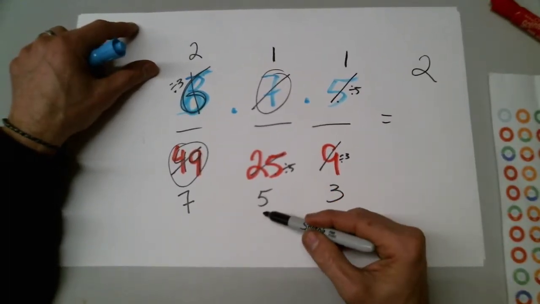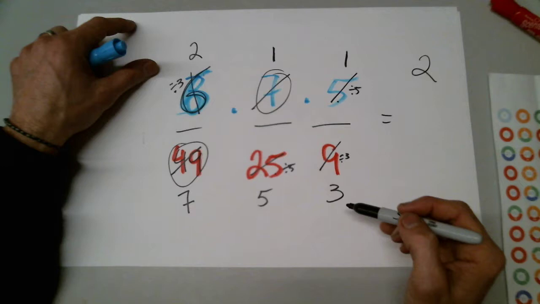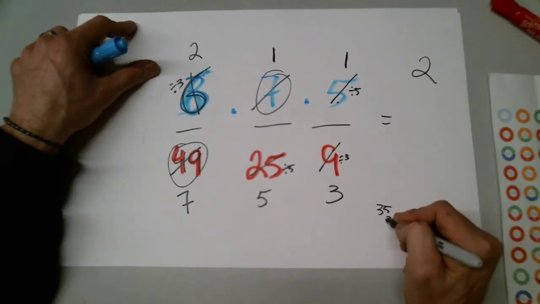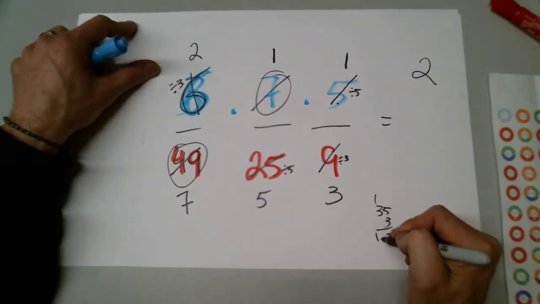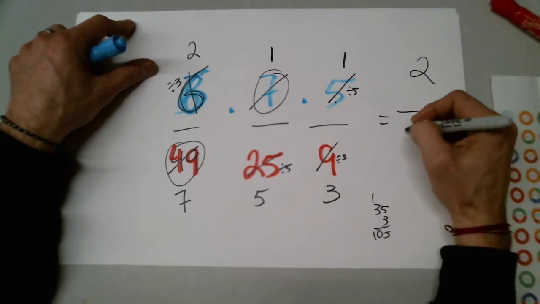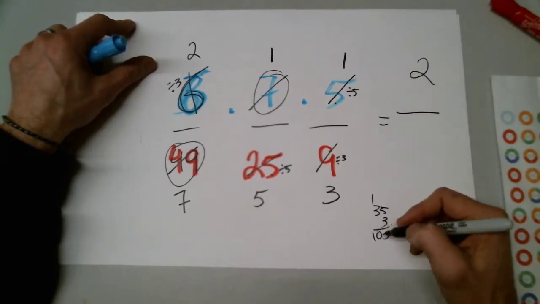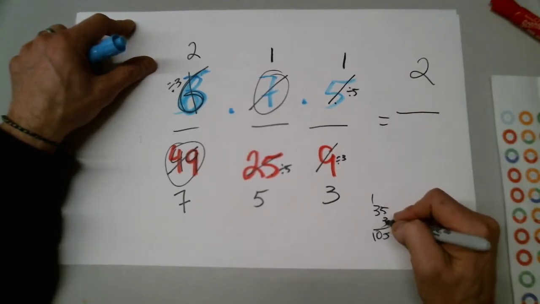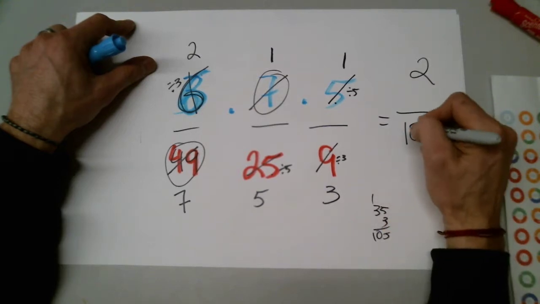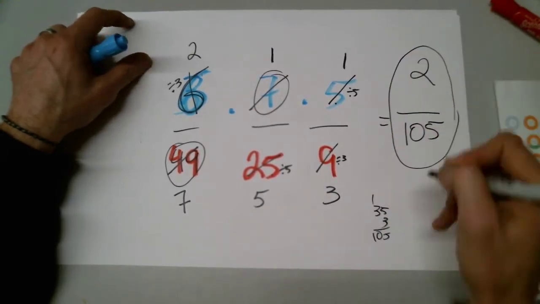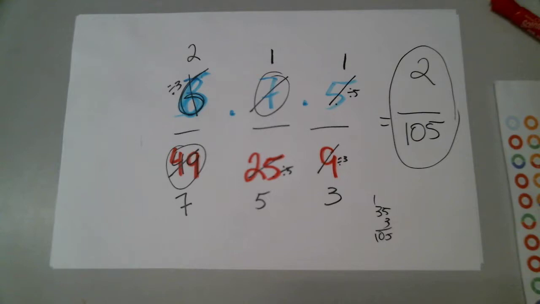I get 7 times 5, 35. 35 times 3, 105. Is that right? 3 times 3 is 9, 10. Yeah, 105. There's our answer.